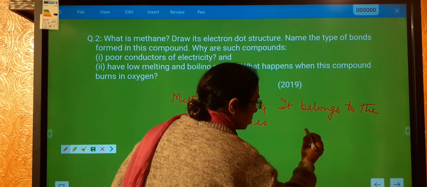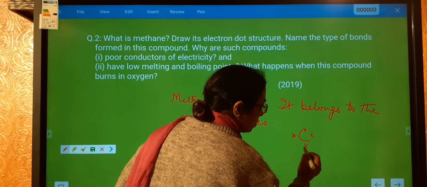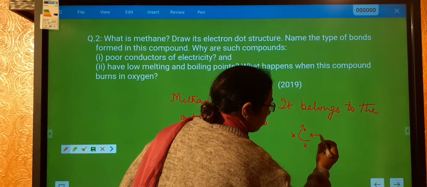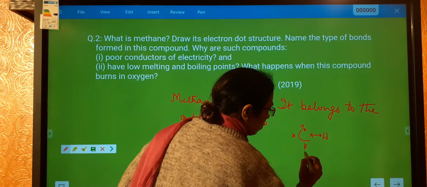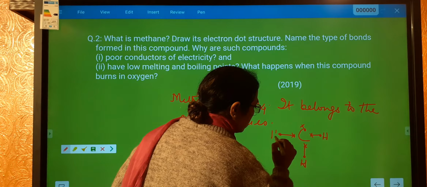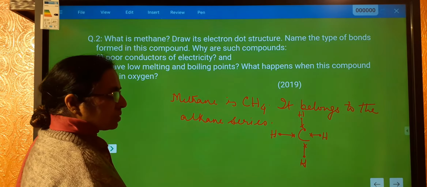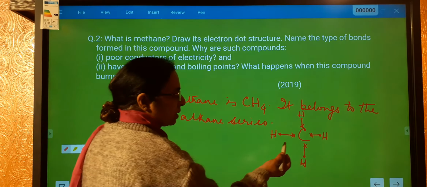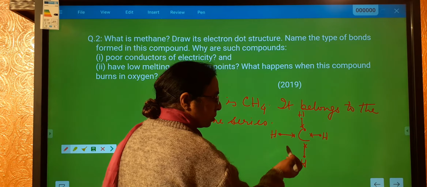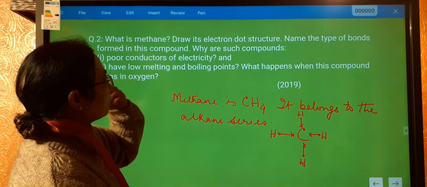Carbon has 4 valence electrons, and each of these will combine with 1 valence electron of hydrogen. So this forms the electron dot structure, where the crosses denote the electrons of carbon and the dots denote the electrons of hydrogen. This is the electron dot structure of this compound.